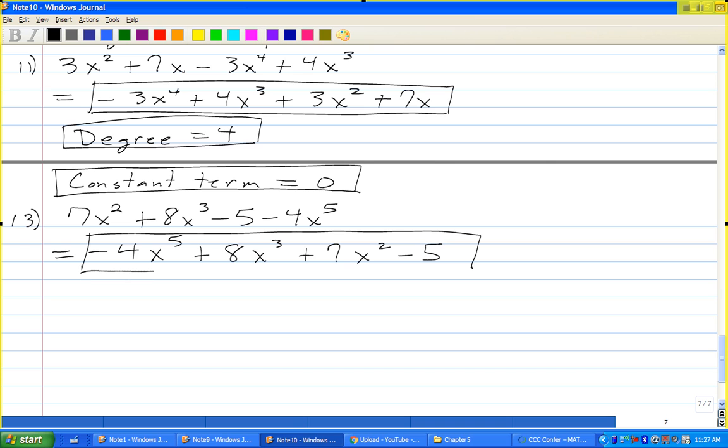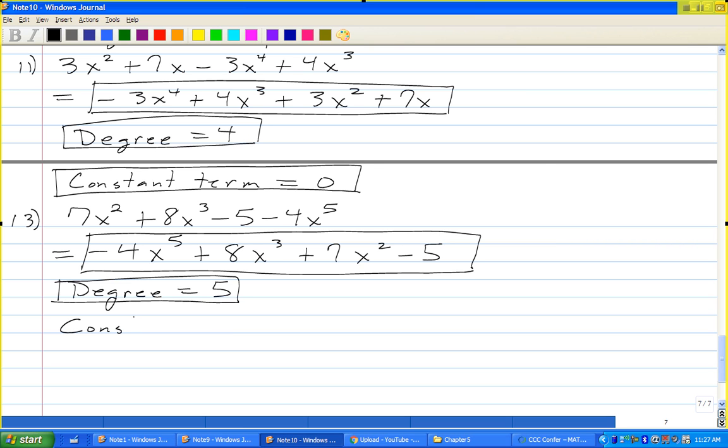And so I've written this in descending order. The degree of this polynomial is 5. The constant term is negative 5.